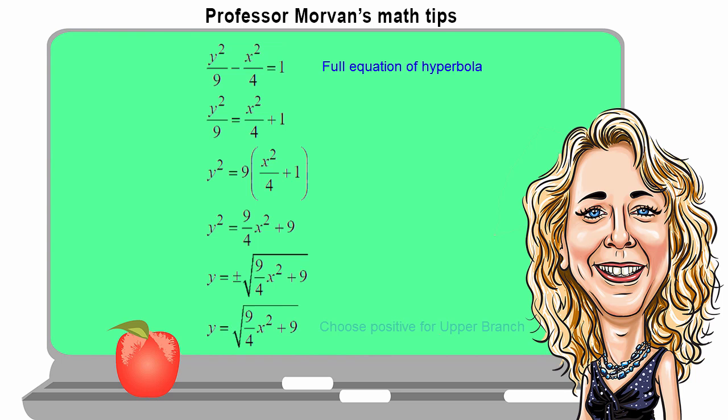And now we would choose the positive square root because it is the upper branch that we are seeking. So in your My Math Lab homework and quizzes, you may need to look for that upper branch equation of y equals positive square root of 9/4 x squared plus 9.